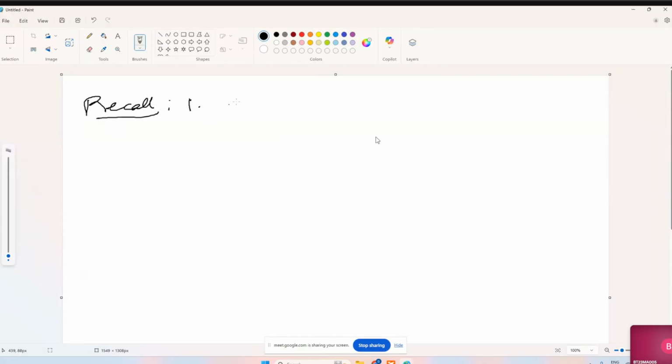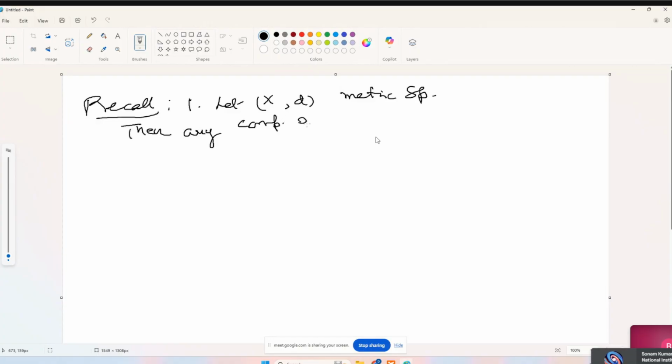One, let (X, d) be a metric space. Then any compact set A in X is closed and bounded. Easy to prove.